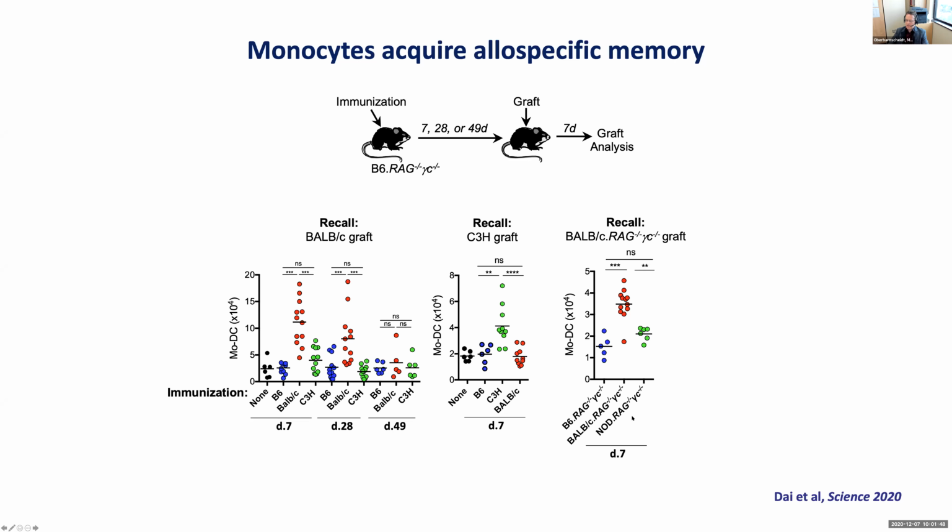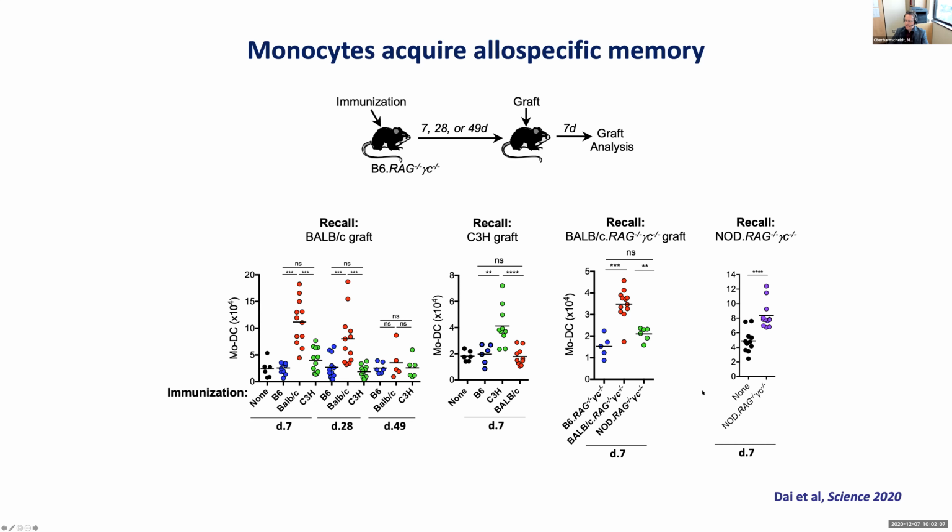Again, you can see that only when we immunize with BALB/c RAG gamma chain knockout splenocytes could we elicit a recall response upon transplanting a BALB/c graft.